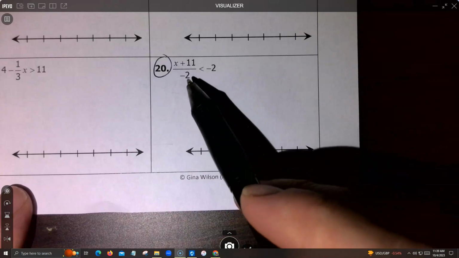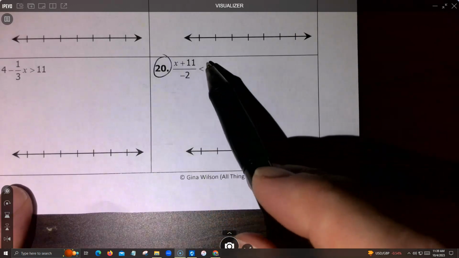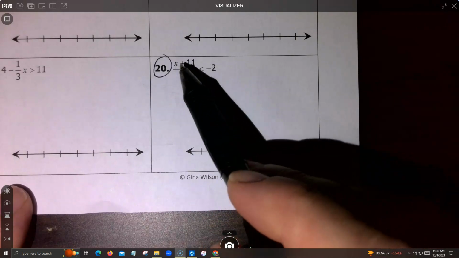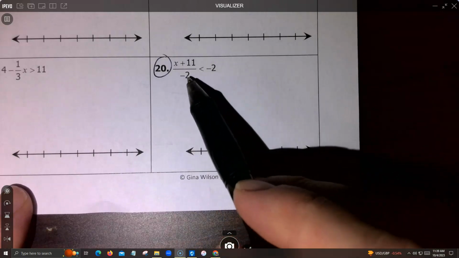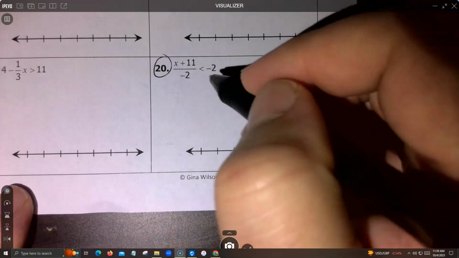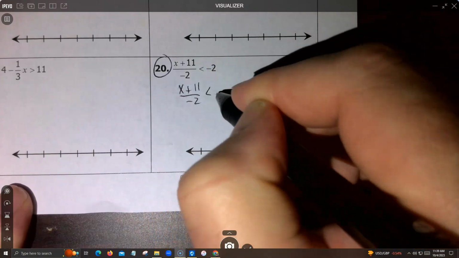So in this particular case, I have to do a multiplication, get rid of this division first before I can take out this 11. If you ever see this instance where everything is above a number, you've got to get rid of the number first. So I'm going to write this down here just so we have some room.